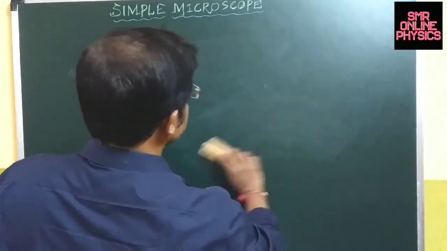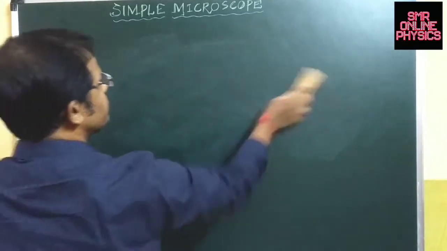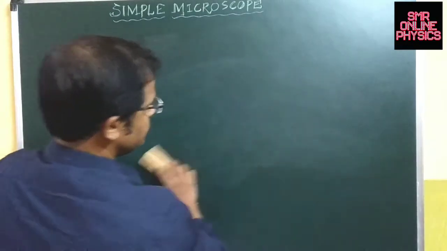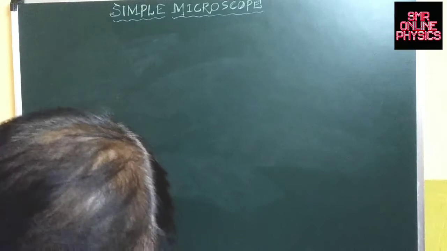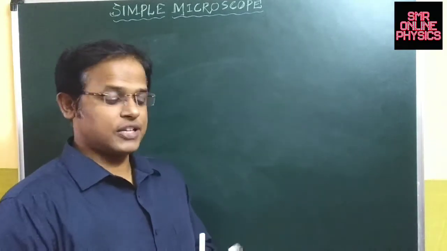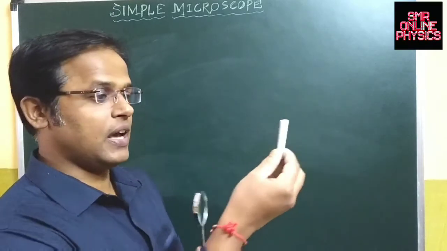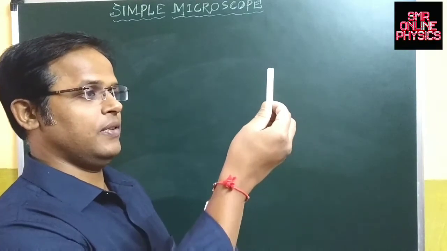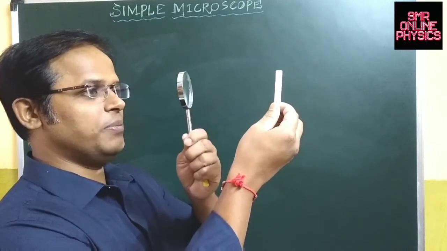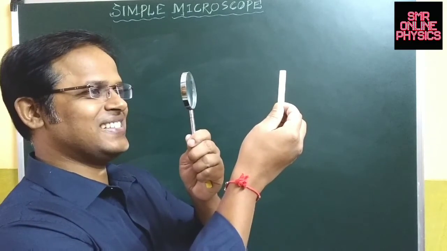So let me clean it off. And there we go, how exactly it works out. When I was seeing this object with my naked eye, this is what I get to see, clear. I bring the lens in between, yes.